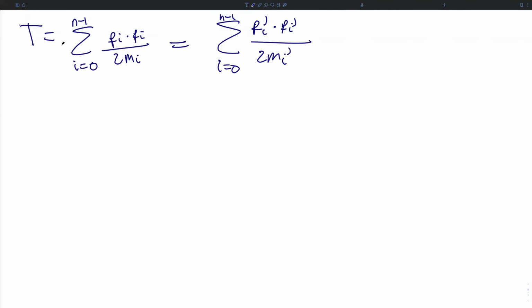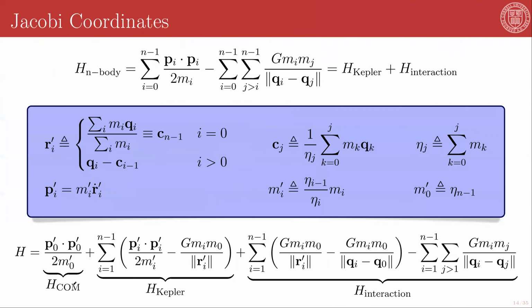The total kinetic energy of our system, which was given in the original coordinate set as the sum from i equals 0 to n minus 1 of each of the body's momentum dotted into itself divided by twice their masses, now has exactly the same form in the p prime i momenta and the m prime i mass terms. The Hamiltonian is therefore now the Hamiltonian of the center of mass, so p naught prime dotted into itself divided by 2 m naught prime.